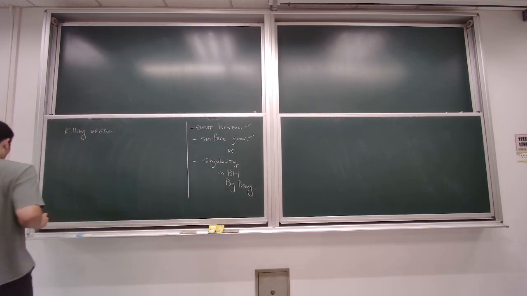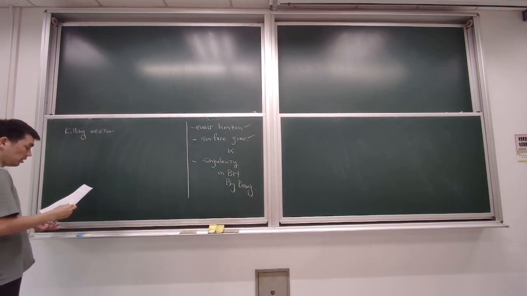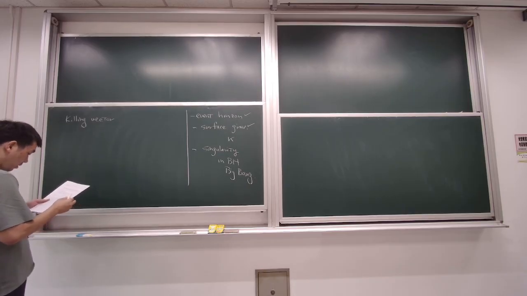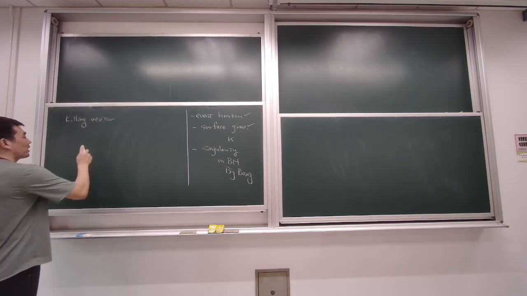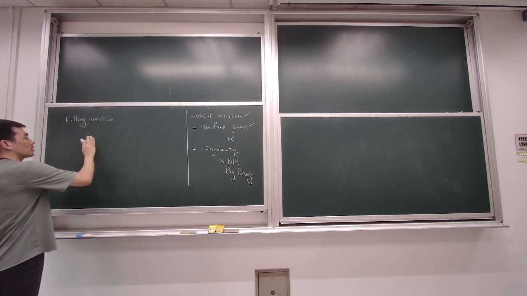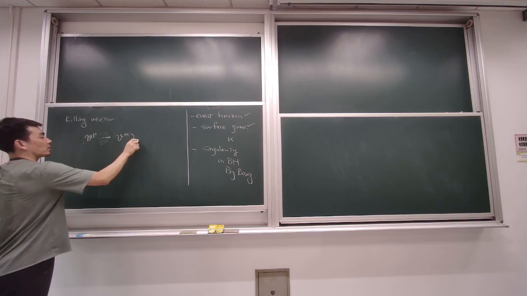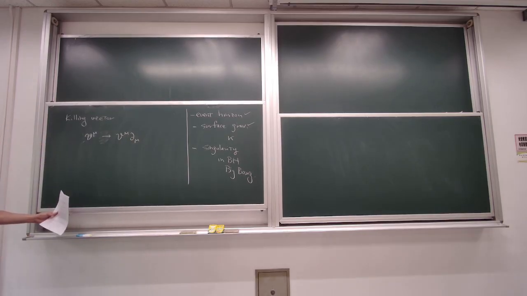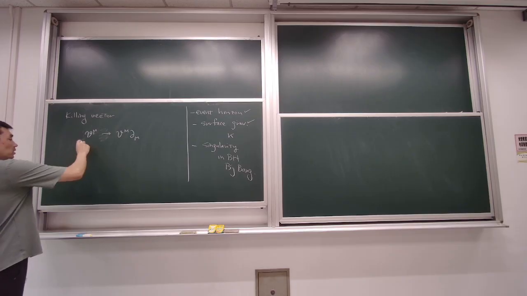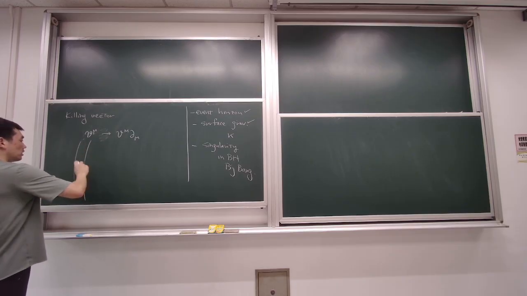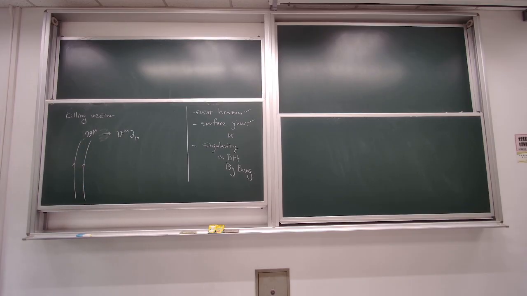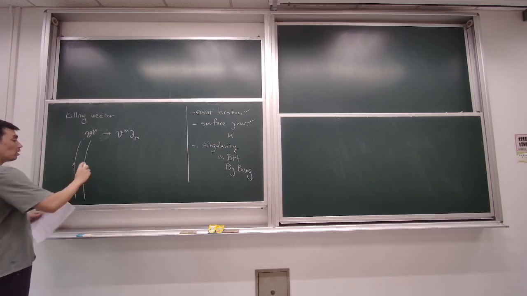Okay, so this is today's lecture. When you write down a vector, people write b^a or b^mu, whatever you call it. It's called a tangent vector. If it is time-like in space-time, you write down the trajectory of the observer, which I call gamma of t.